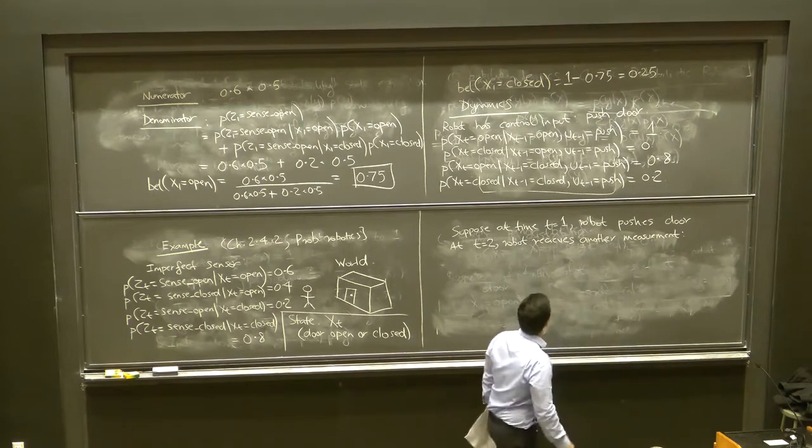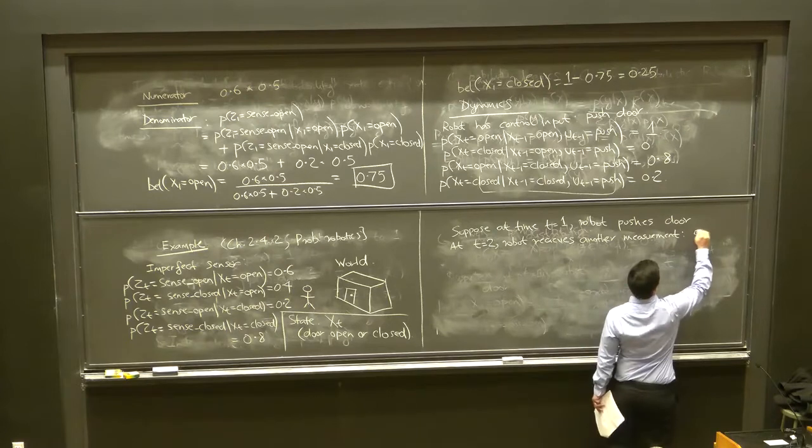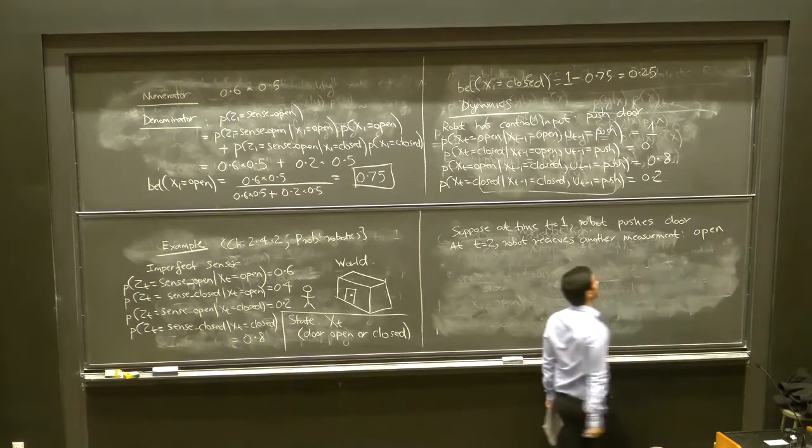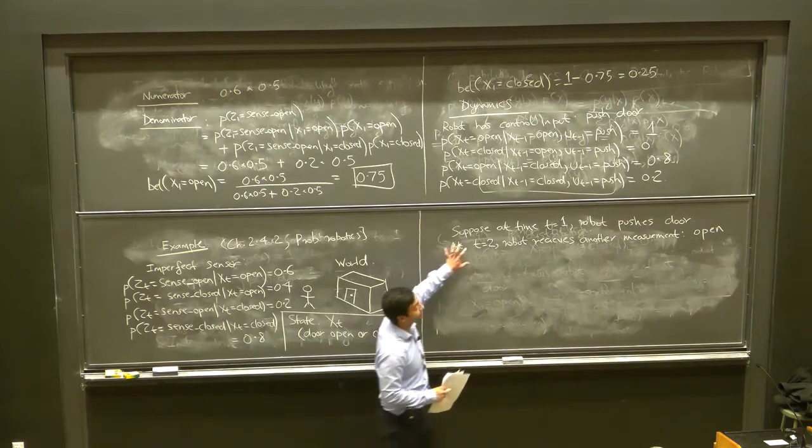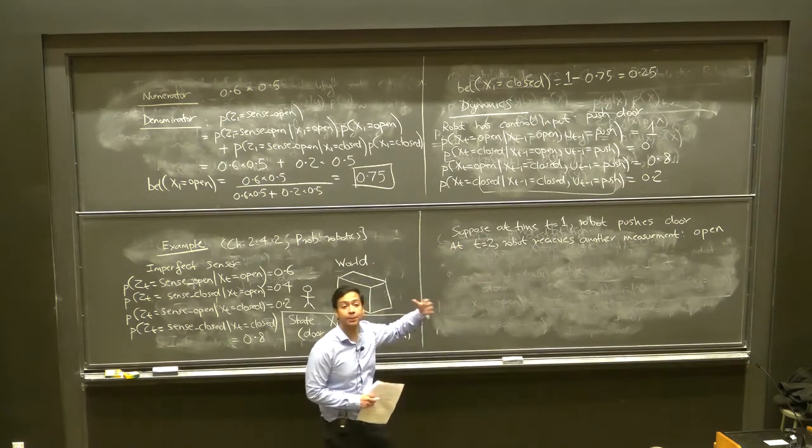And let's say again that at t equals 2, it senses that the door is open. So what we're going to do is something pretty analogous to the non-deterministic filter.